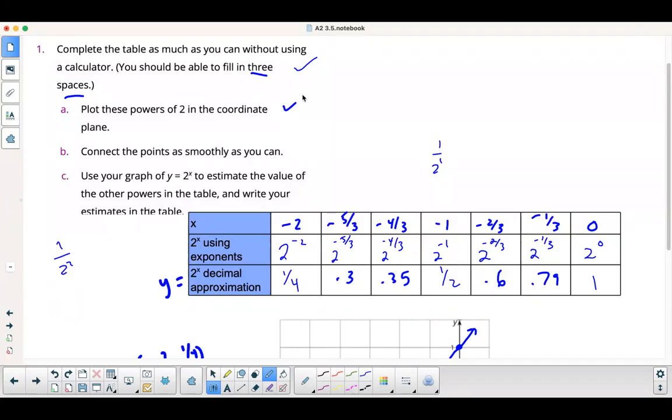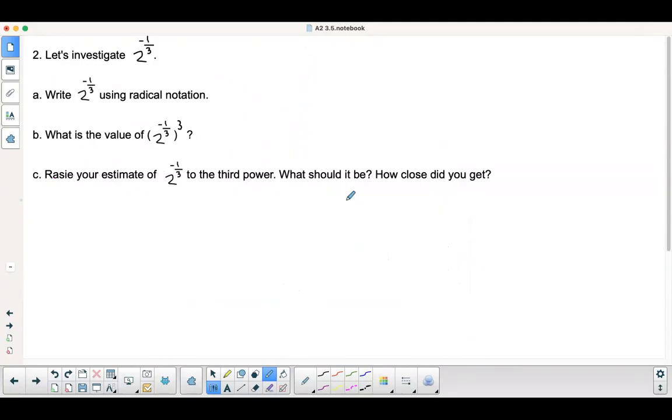Plot the powers of 2, connect, use a graph to estimate. Okay, good. Let's go on to our next thing. So let's investigate 2 to the negative 1/3. Write 2 to the negative 1/3 using radical notation. So I'm going to get rid of the negative exponent. I'm going to write it as 1 over 2 to the positive 1/3.